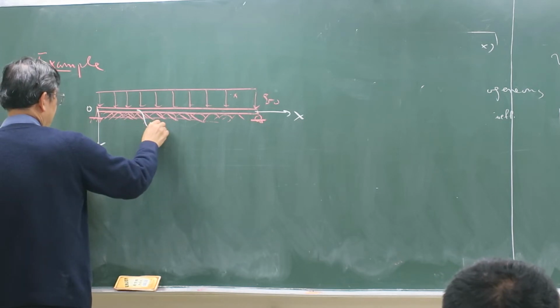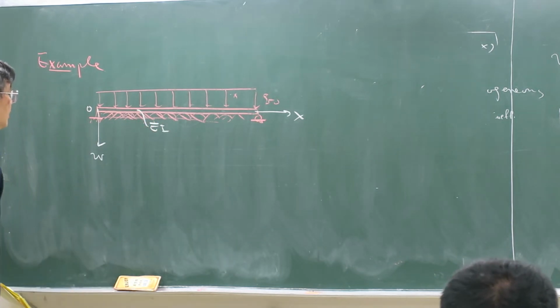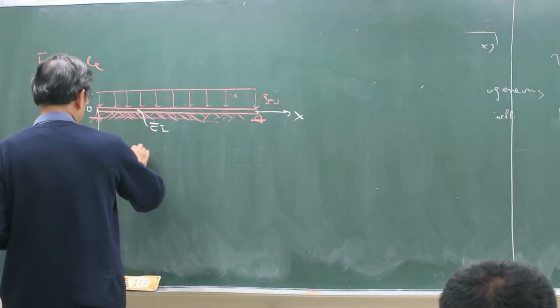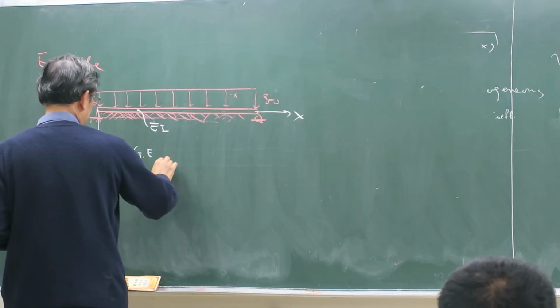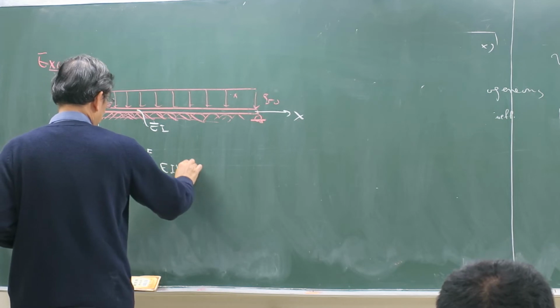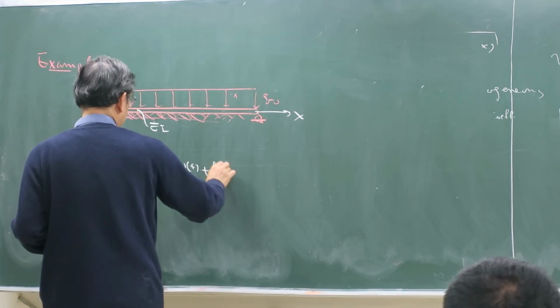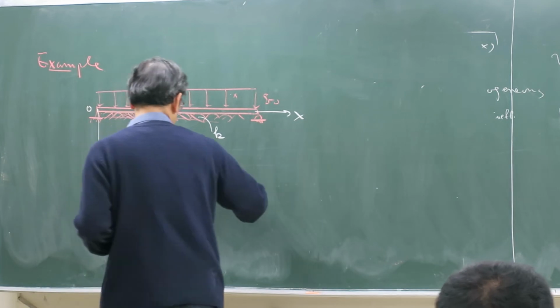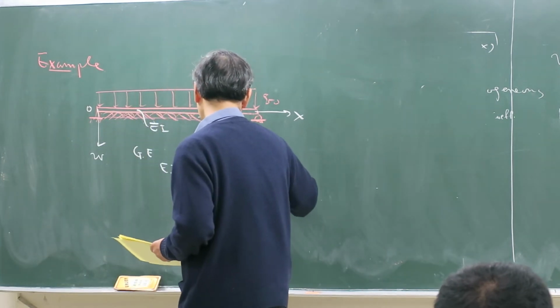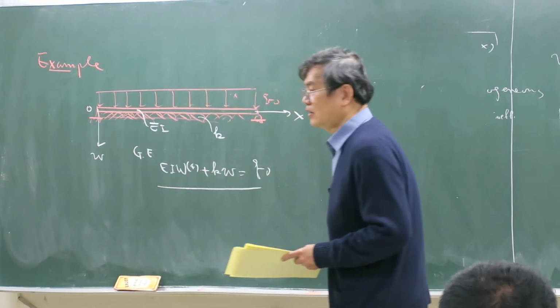And with EI. My governing equation certainly is EI W fourth derivative plus KW equal to Q0. So this is my governing equation.